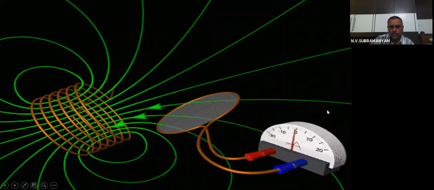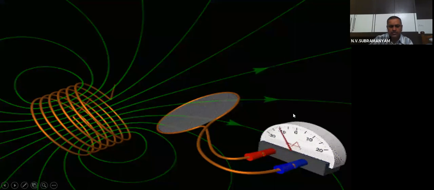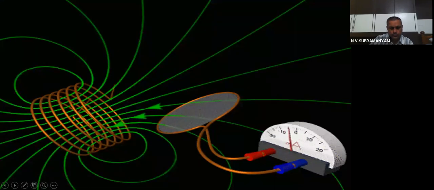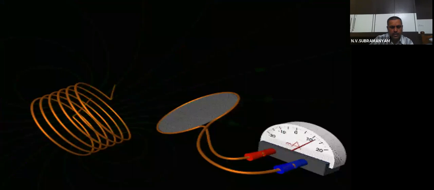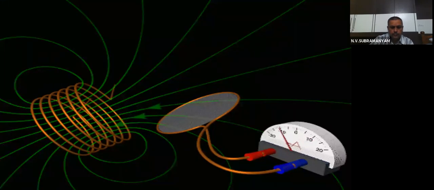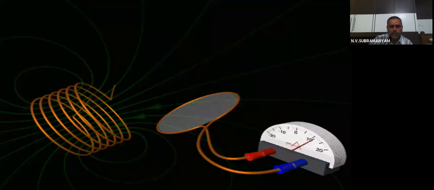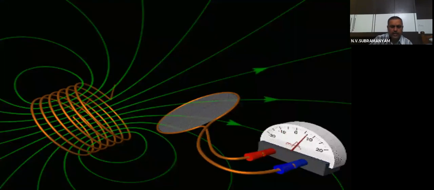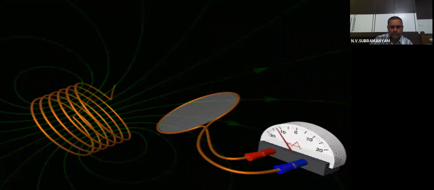If you see carefully, this is a small GIF animation. If the current is flowing in one direction, magnetic field lines are going in one fashion.